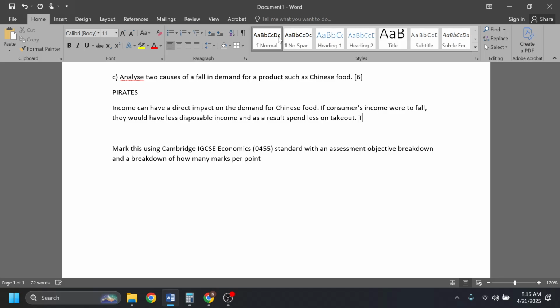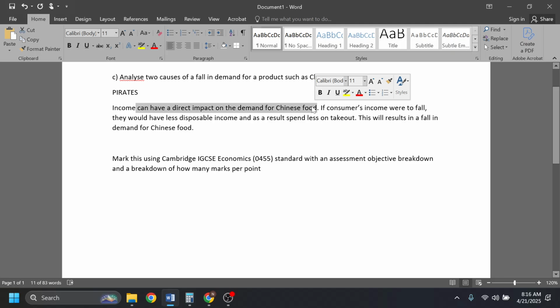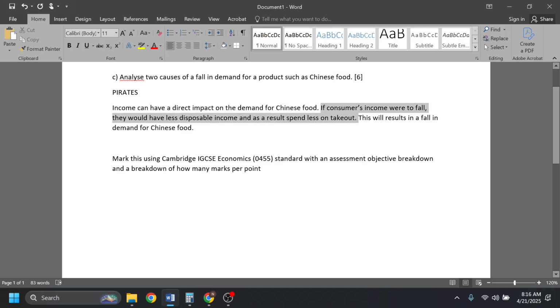Right? This will result in a fall in demand for Chinese food. So let's see. Income can have a direct impact on the demand for Chinese food. That's a good knowledge point. If consumers' income were to fall, they would have less disposable income, and as a result, spend less on takeout.